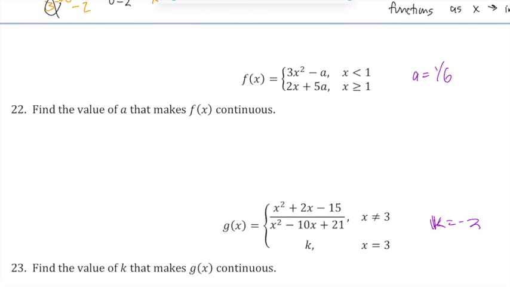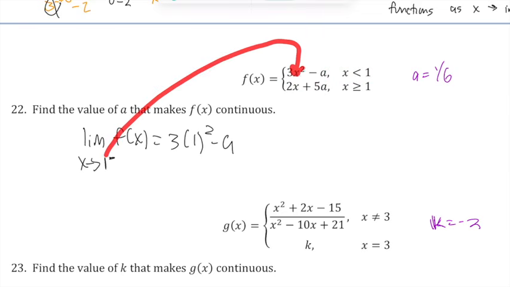22, find the value of a that makes it continuous. So we have to check both the left and right hand limits, and they need to be equal. The limit as x approaches 1 from the left. And again, 1 from the left means that we're less than 1, so we're going to use this top equation. So what we do is we plug in 1 into the x, and when we simplify that, we're going to get 3 minus a.